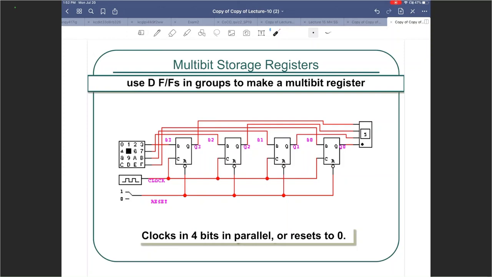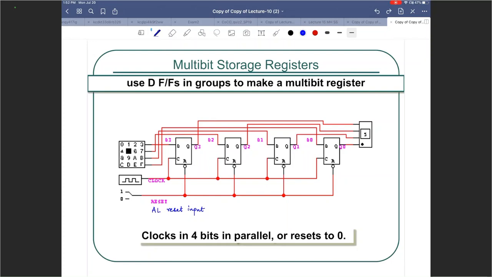These flip-flops have an active low reset input, which means if I make reset go to 0 like that, what is going to happen?